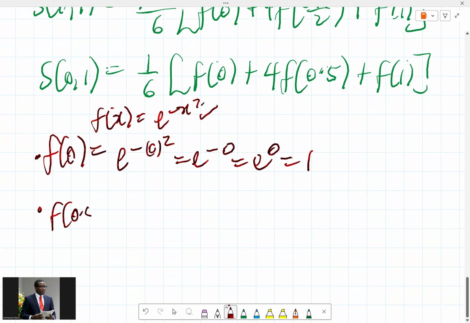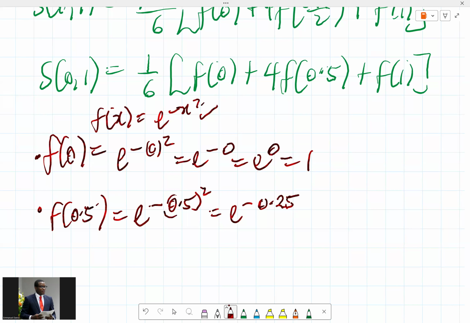Then f of 0.5, we have e raised to minus 0.5 squared. That is e raised to minus 0.25, and that is approximately, let me be very sure about this, the exponent of minus 0.25.